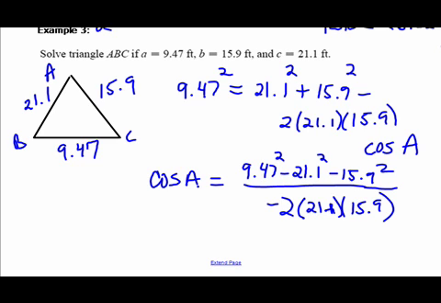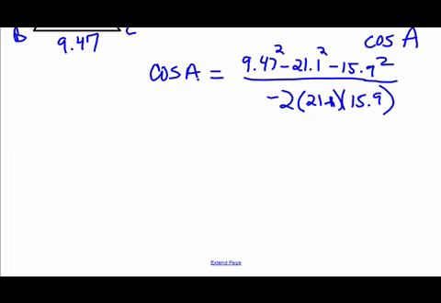So I took the law of cosines equation and solved it for cosine A. And now when we do all of that arithmetic on the right-hand side, we'll get the fact that cosine A is 0.9066.